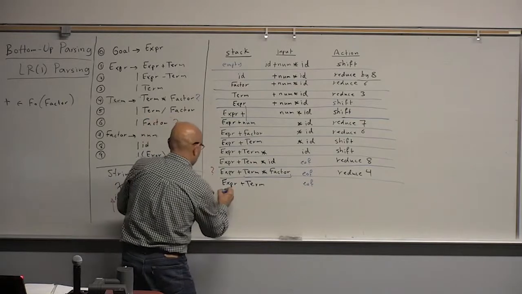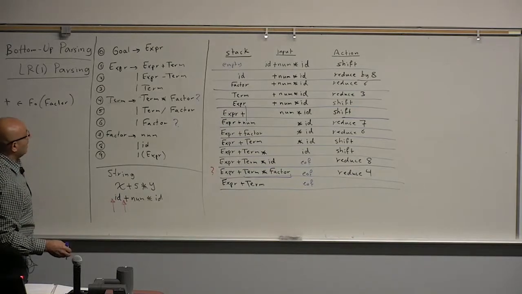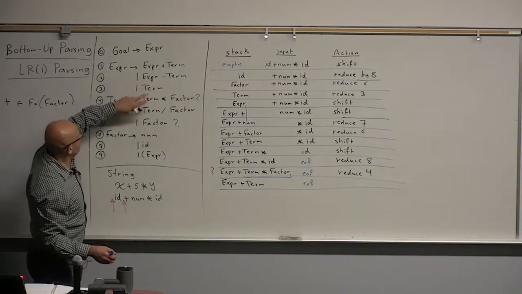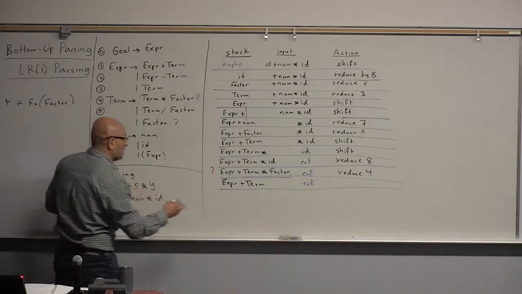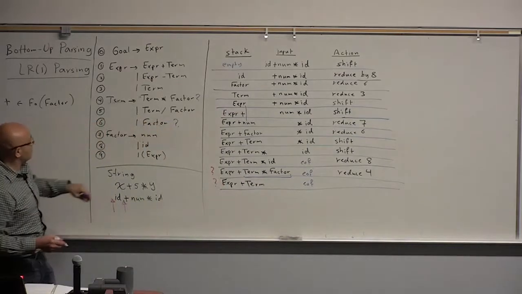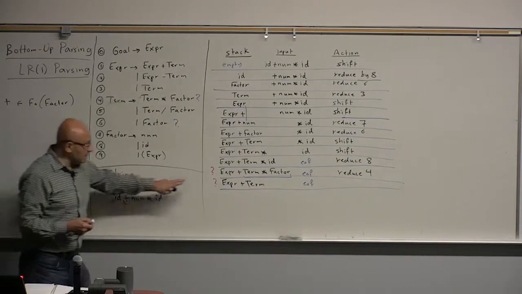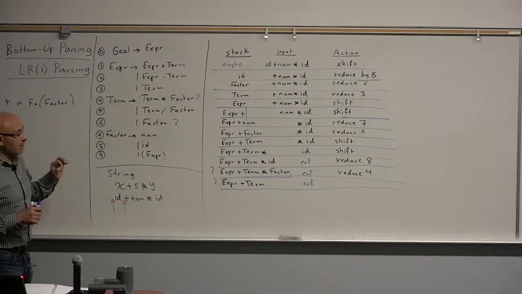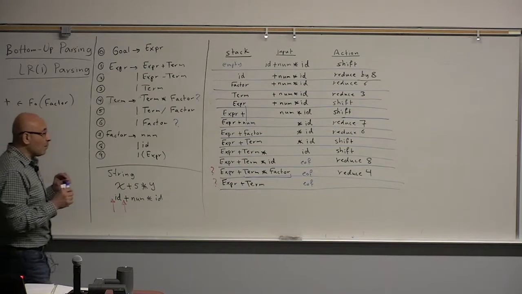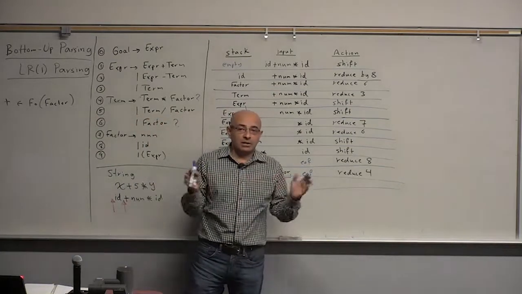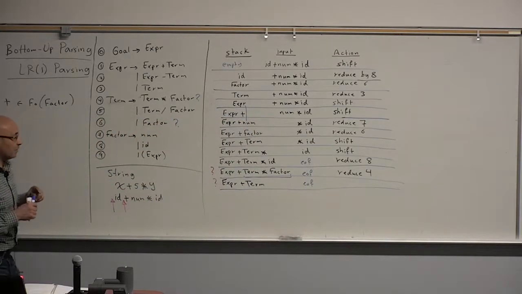Now again we have term, and we have expression plus term, and it's not clear how we can systematically decide. Of course, in this particular example, it's clear that expression plus term is the right reduction, but this question mark here is there because it's not clear how we can come up with a general algorithm that will always tell us which rule to use for the reduction.